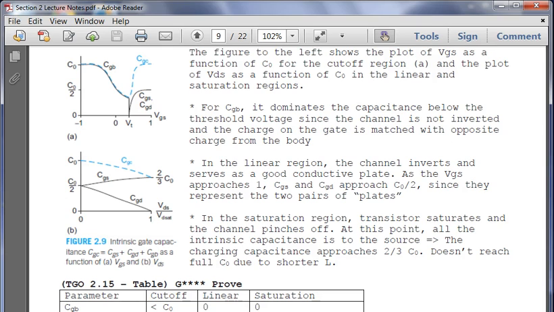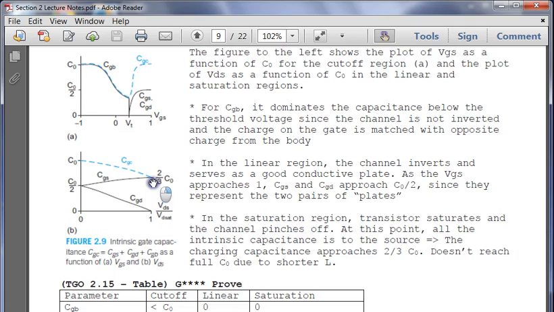And then what happens when we reach saturation mode? In saturation mode, we start worrying about only the gate source capacitance. We can see it here as VDS approaches VDS saturation. The transistor saturates and the channel pinches off. If you recall from earlier in the diagram, it pinches off at the drain. So now we worry about the capacitance from gate to source.